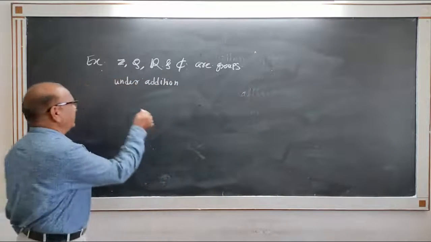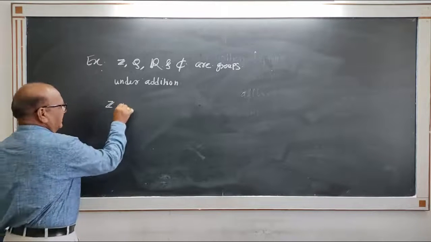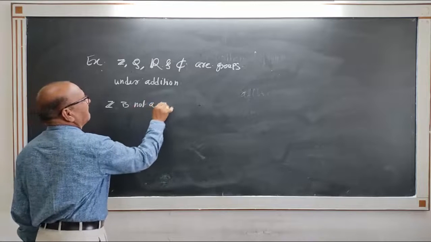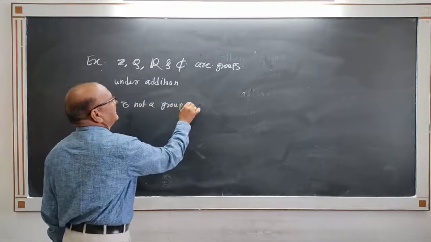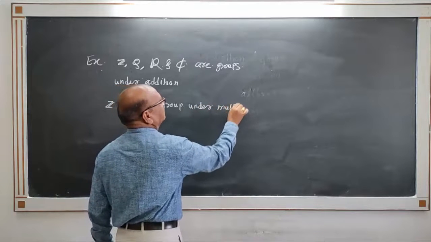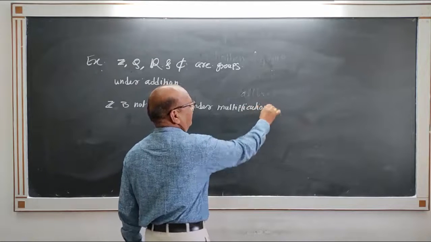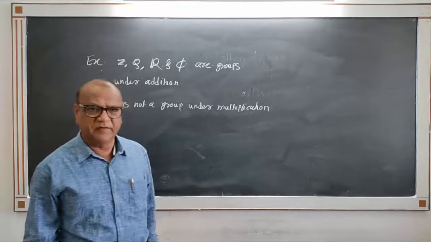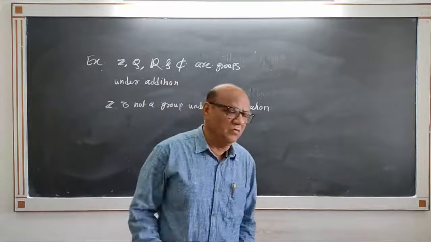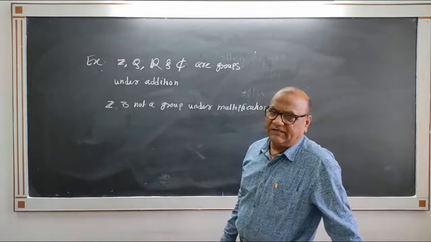Now set of integers is not a group under multiplication. If we take operation multiplication, then set of integers is not a group. Here closure property is satisfied.